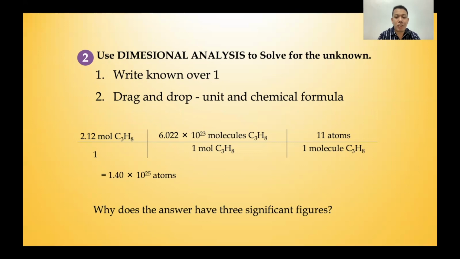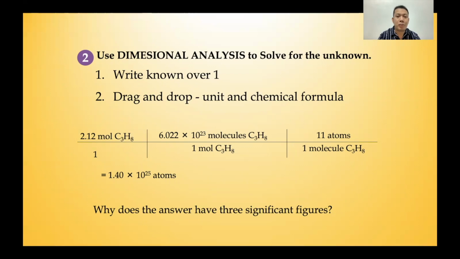So at the end of it, the last unit retained is only the atoms. When you solve it, 2.12 times 6.022 times 10 to the 23rd. Of course, if you divide that by 1, the answer will remain the same. So that is equivalent to 1.4 times 10 to the 25th atoms, right?